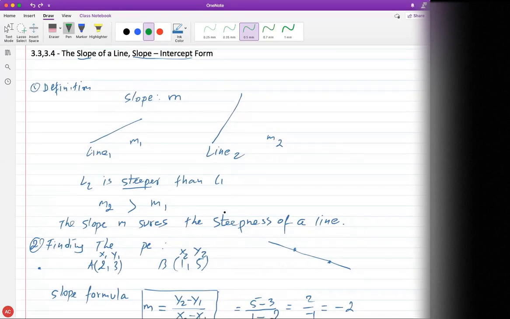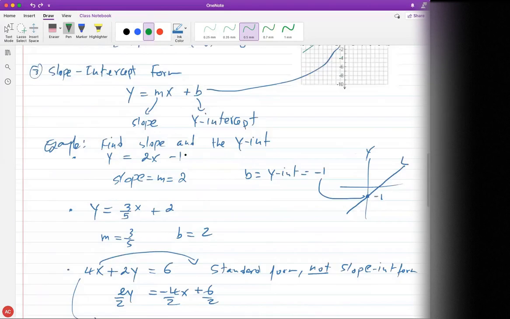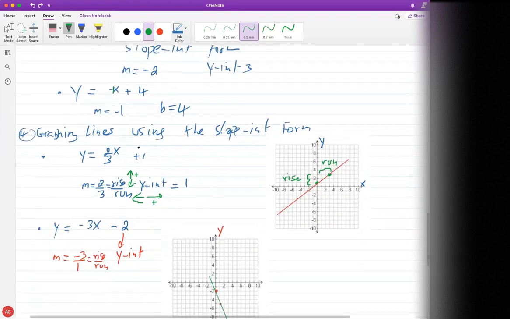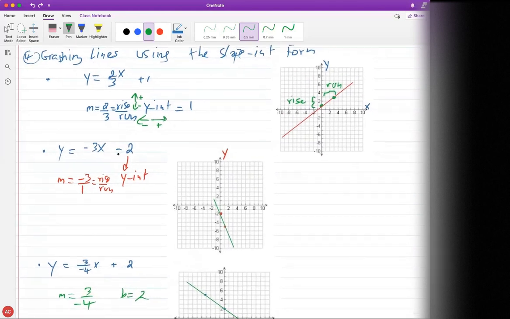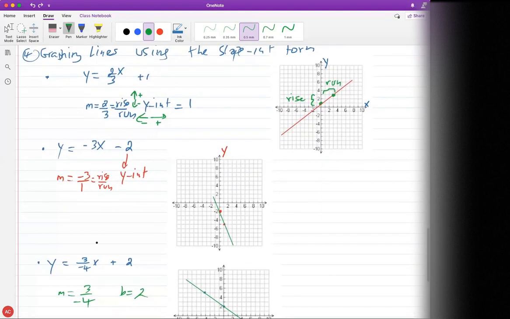In the next class, we're going to talk more about the slope-intercept form. Next class, we're going to see how to write our actual equations. So this will not be given to us. Something else will be given to us, like a graph or a couple of points, point 1 and 2, and we're going to see how to use that to write our own equations.